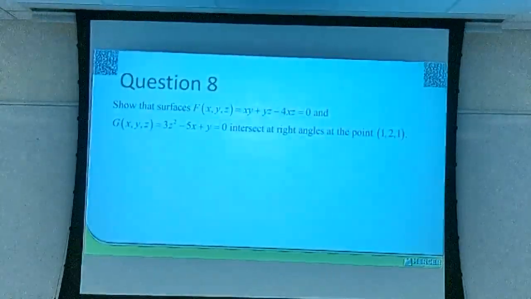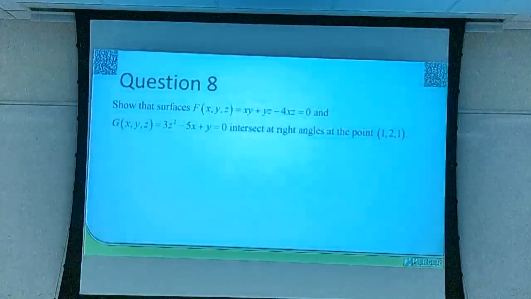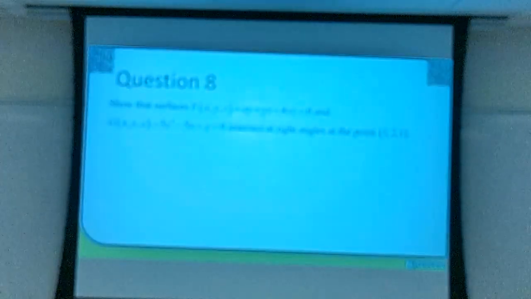I'm going to show that these two surfaces intersect at a right angle at the point 1, 2, 1. If we want to show the surfaces are normal to each other at that point, what are we going to do?